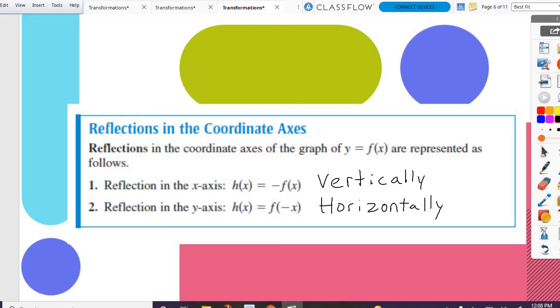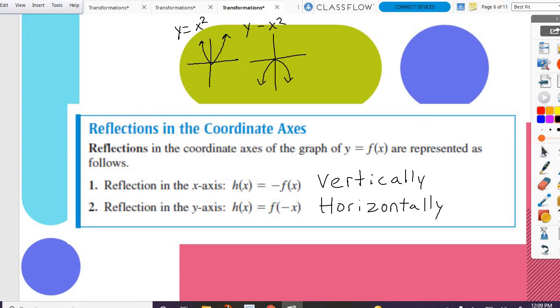So if I had an x squared graph, right, it looks like that. Now, if I wanted to reflect that vertically, what would that look like? It would be upside down. So we would look like that. Agreed?